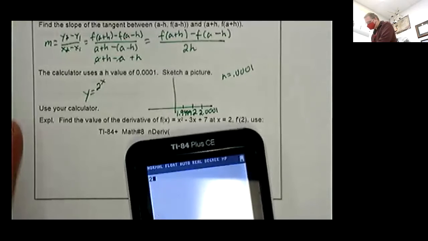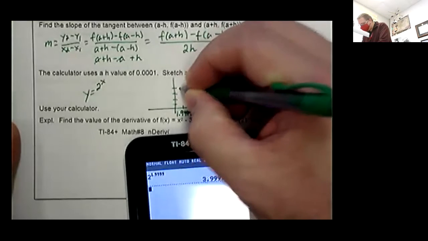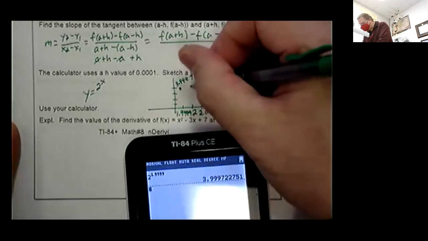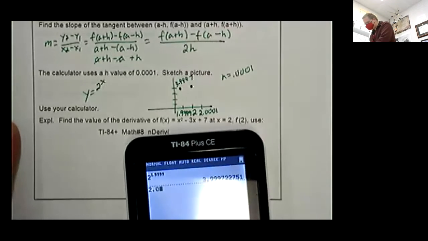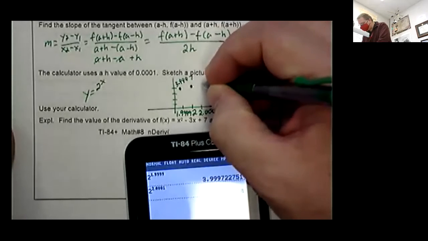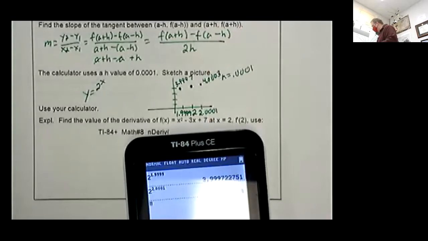So we have 2 to the 1.9999. We're going to get a value of 3.9997. 2 squared we know is 4, and 2 to the 2.0001 again gets us 4.0003 or so.